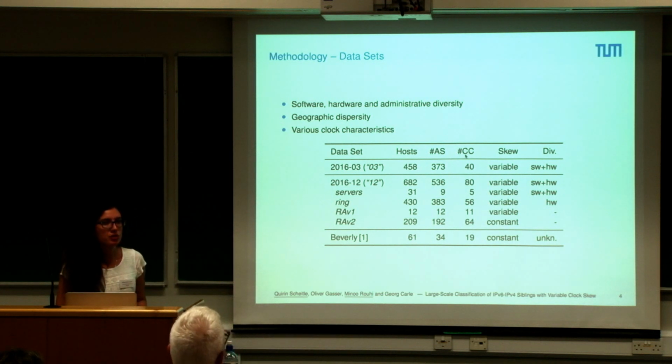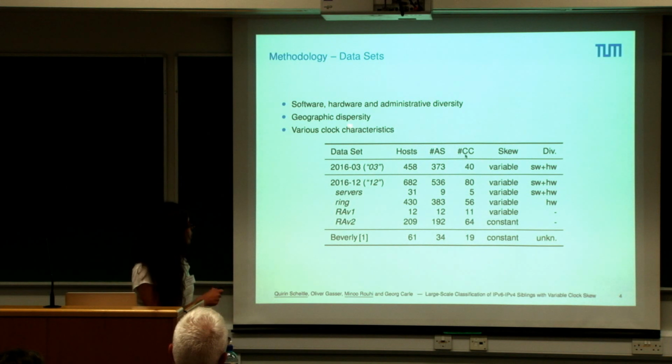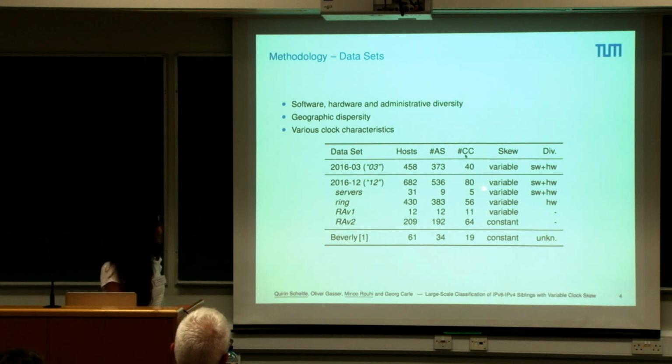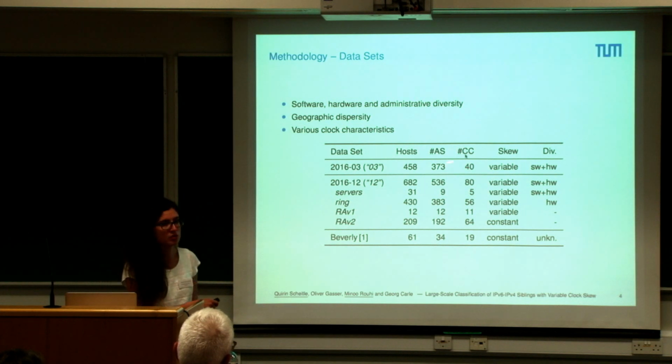Also, we capture geographical dispersity, meaning that our dataset covers more than 80 countries, and also administrative diversity in terms of the number of autonomous systems.